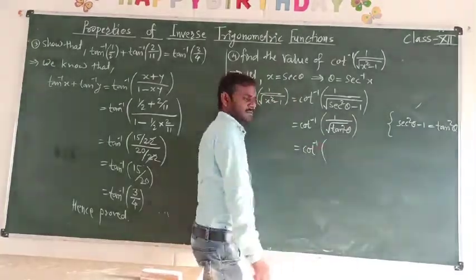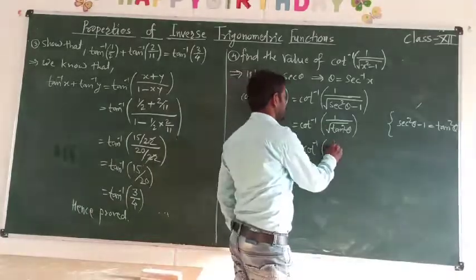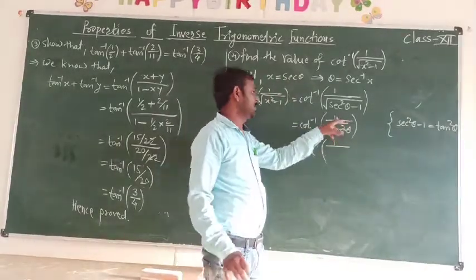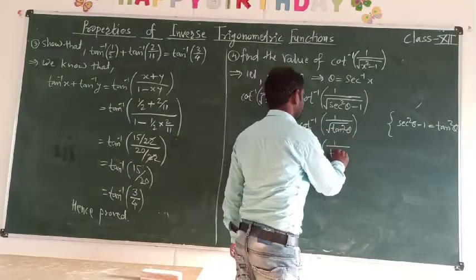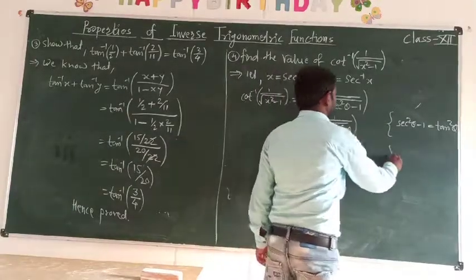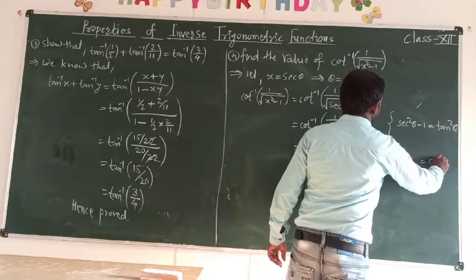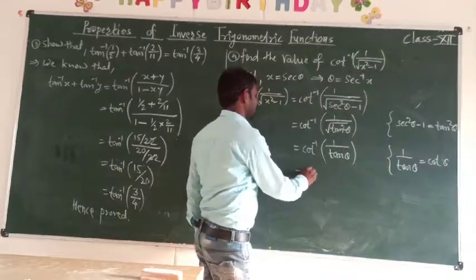We get only tan theta, and again we know that 1 upon tan theta is equal to cot theta.